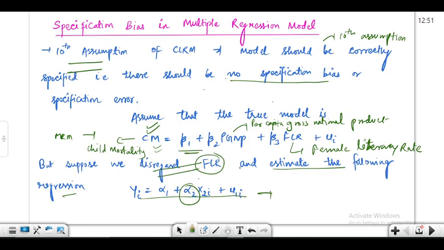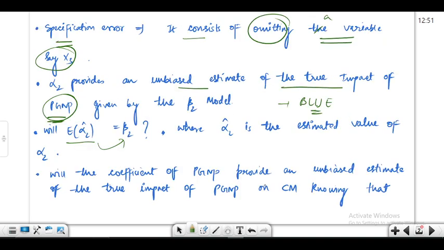In simple words, is the expected alpha 2 hat value equal to beta 2? If I remove this variable, will these two coefficients be the same? Or is the variation in child mortality due to PGNP the same as the variation in this model, where we have not included FLR?